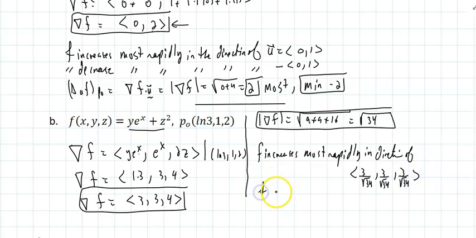And f decreases most rapidly in the direction of negative 3 over radical 34, 3 over radical 34, and 4 over radical 34. Oh, I put a 3 there.